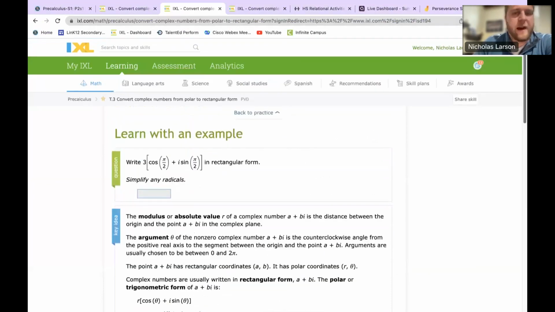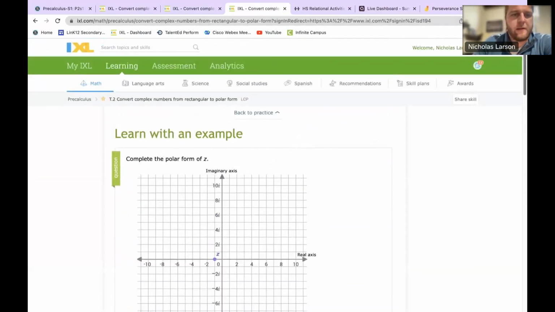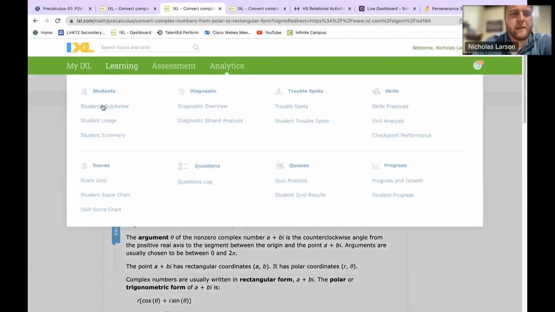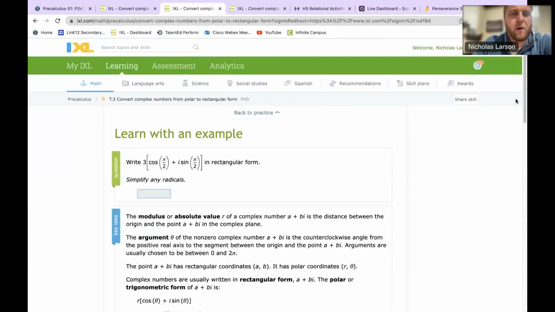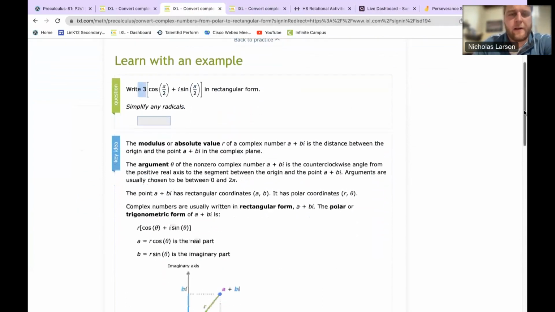Then we do the opposite as well. That was converting complex numbers from rectangular to polar. This is from polar to rectangular. So if I get something like 3 cosine pi over 2, look at what's theta and what's this R value out here.